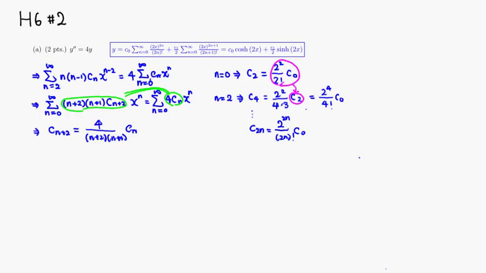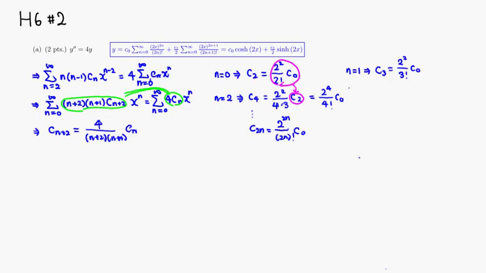Alright, so let's do the odd terms. So n equals 1. What we get is c3 is equal to, again, 4, which I'm going to write as 2 squared, over 1 plus 2, 3 times 2, so it's going to be 3 factorial, times c1.